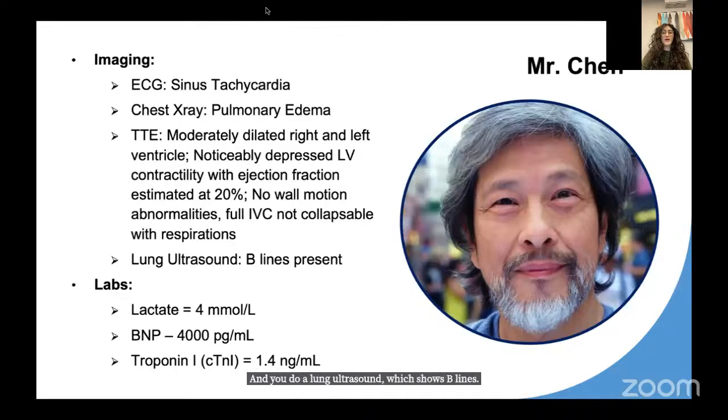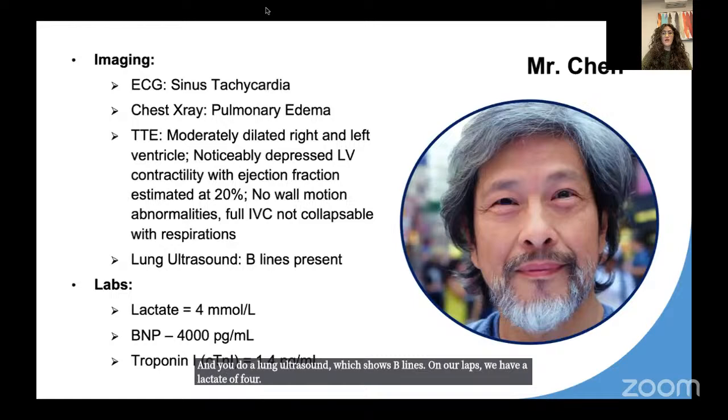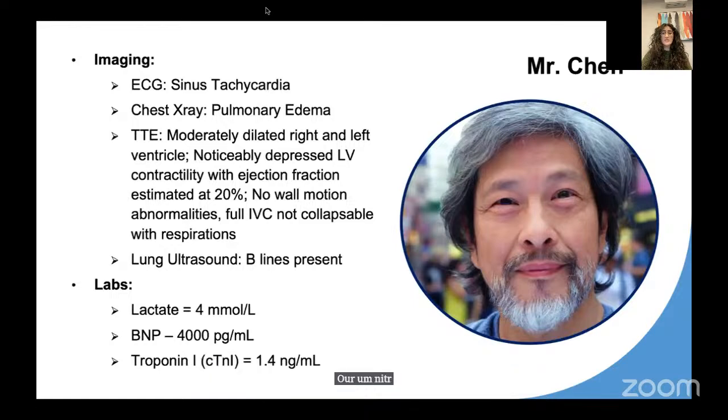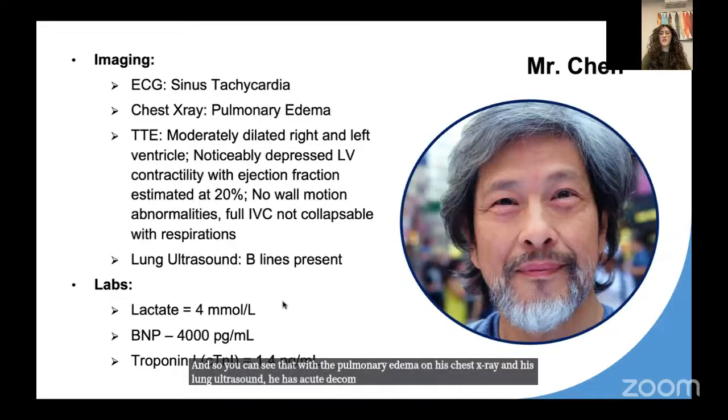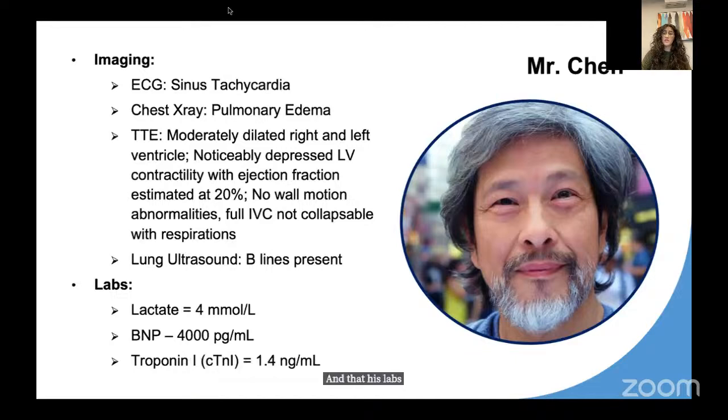On our labs, we have a lactate of 4, our natriuretic peptide is 4,000, and our troponin is 1.4. And so you can see that with the pulmonary edema on his chest X-ray and his lung ultrasound, he has acute decompensated heart failure. You can see with his echo that he went from 35% the year prior to 20%, and that his labs are consistent with poor perfusion, same with his lactate and his BNP.